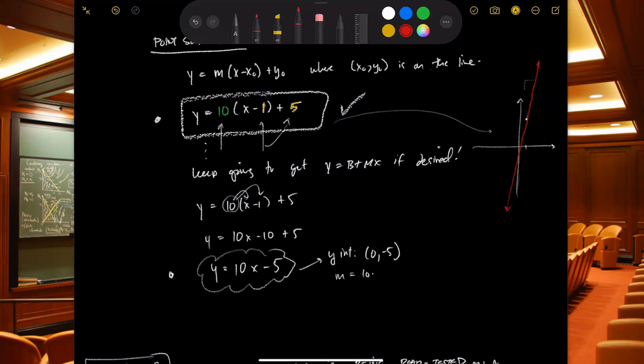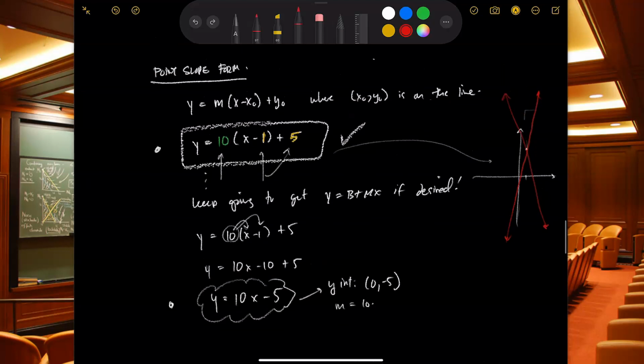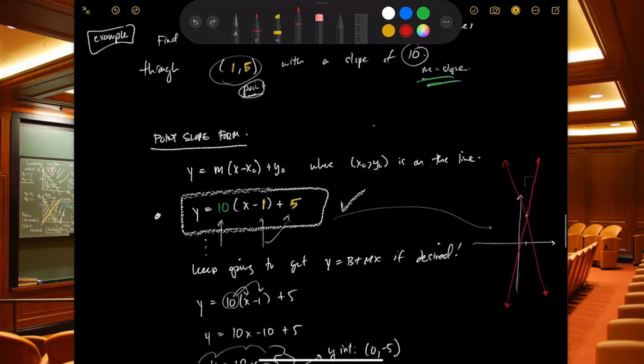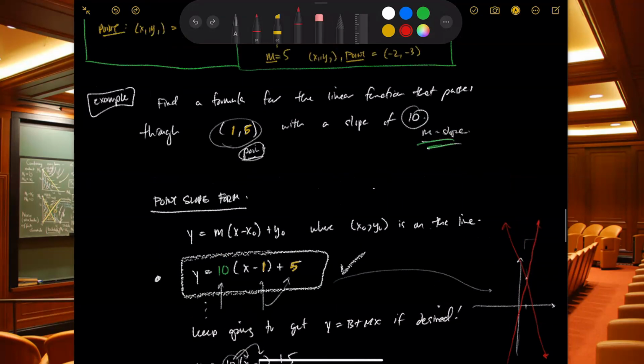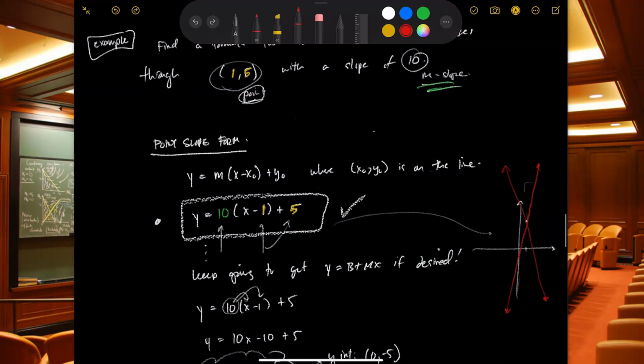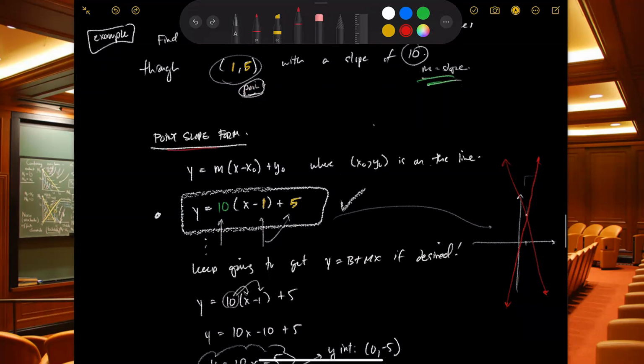Because you might be comparing this to another line that's doing something like this, and you'd know, oh, this has a very steep increase as we go left to right, whereas the other has a very steep decrease, etc. Just kind of outlining some of the reasons why we'd care. But given any point and the slope, you can then just create the formula for the function in point slope form pretty easily.